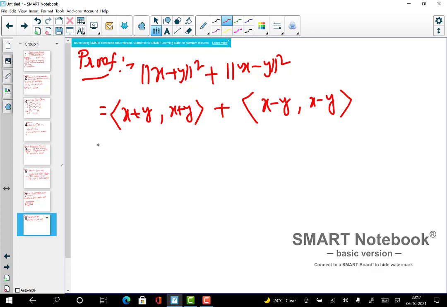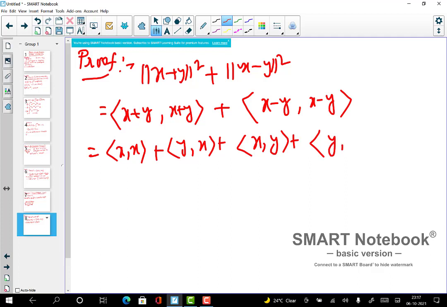Now from the first inner product you will have the inner product of x with x, plus x with y, plus y with x, plus the inner product of y with y.